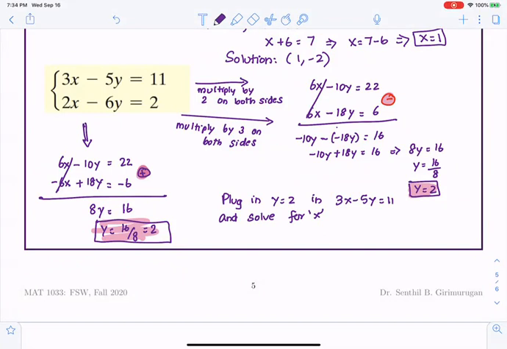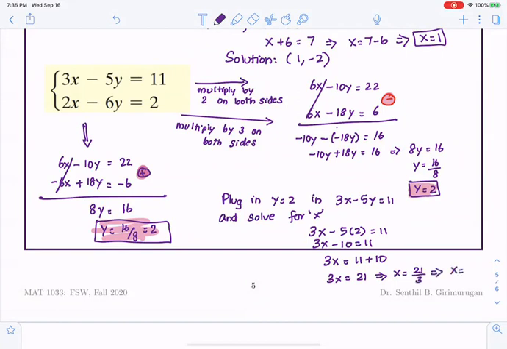It doesn't matter that you pick the first equation always. I could have easily picked the second one. So 3x minus 5 times 2 would equal 11. 3x minus 10 would equal 11. 3x would equal 11 plus 10. 3x is 21, which would imply x is 21 over 3. So x is equal to 7.